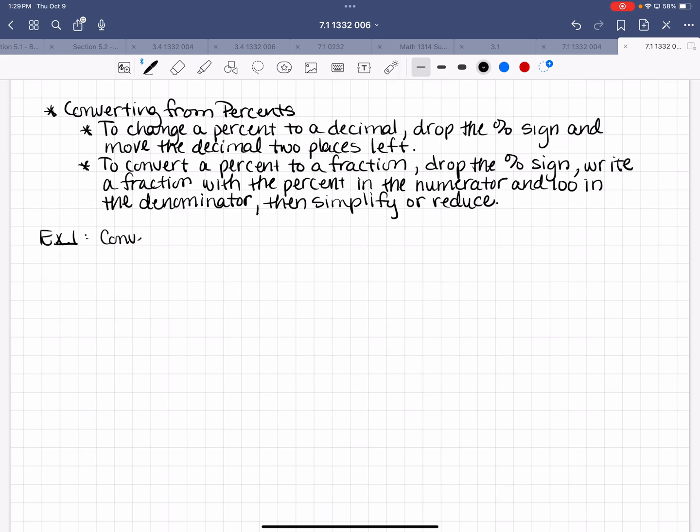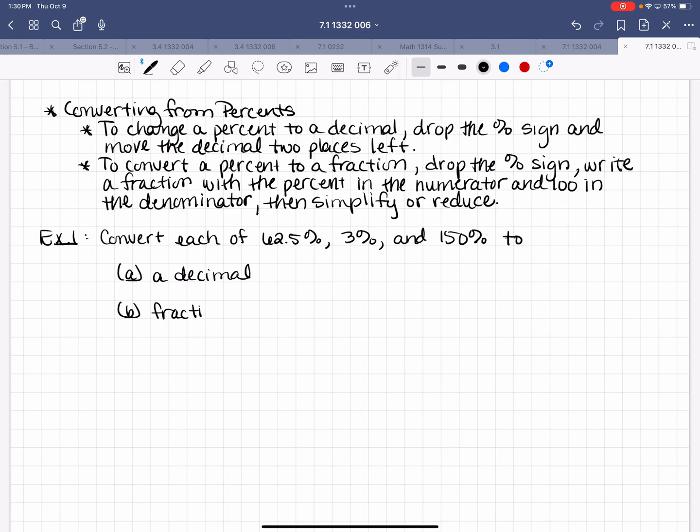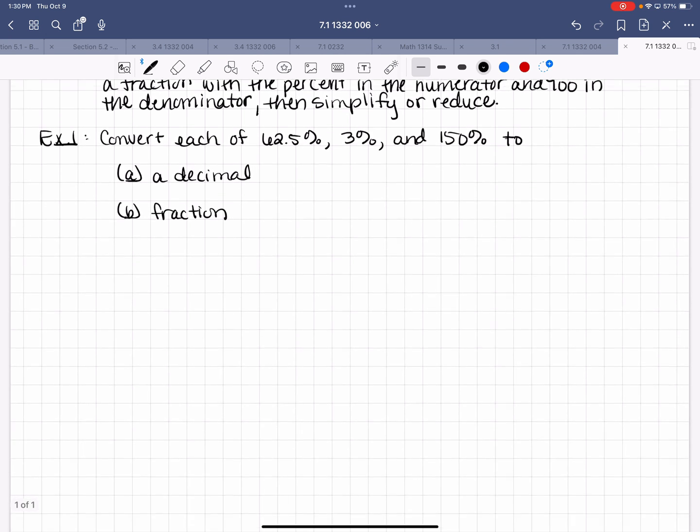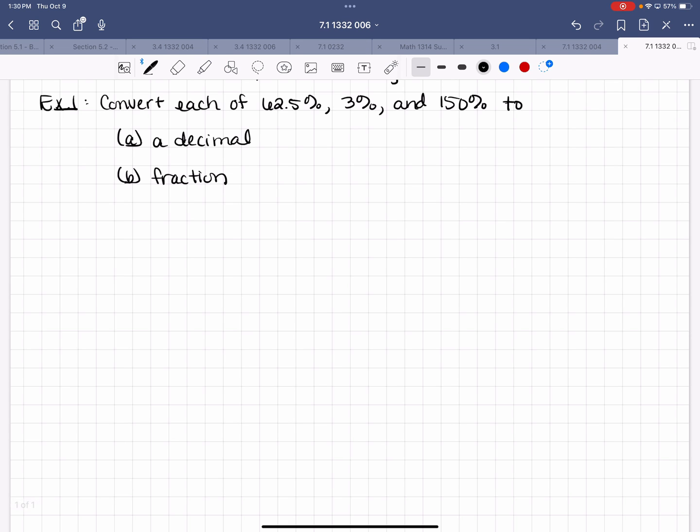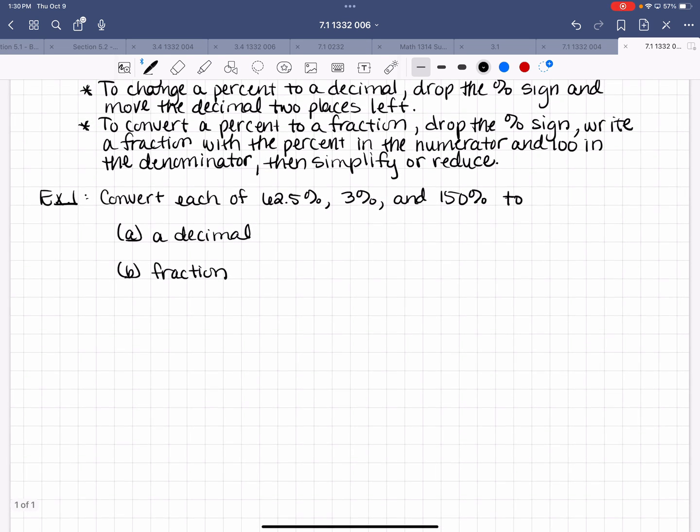We have: convert each of 62.5%, 3%, and 150% to A, a decimal, and B, a fraction. Okay? So we'll start with 62.5%.